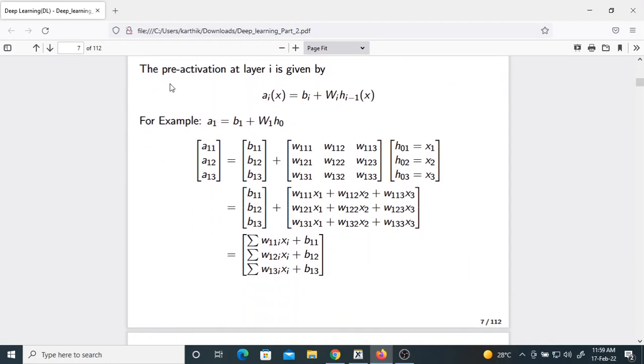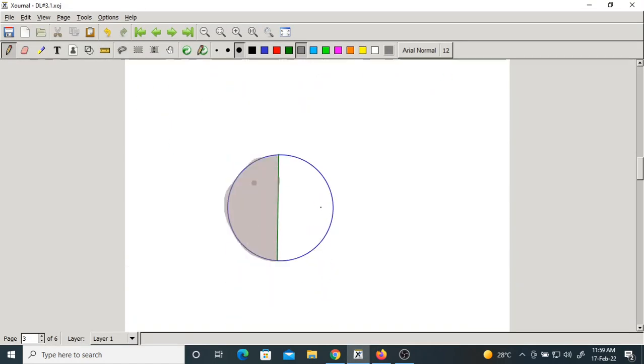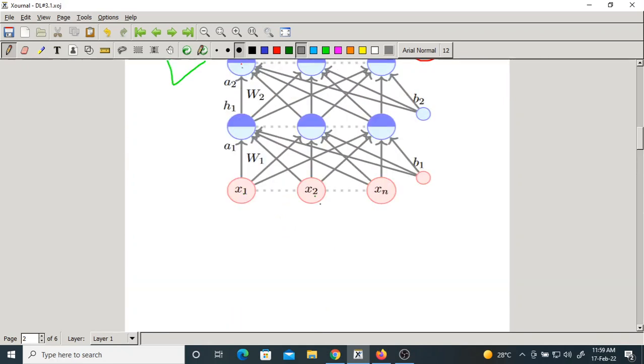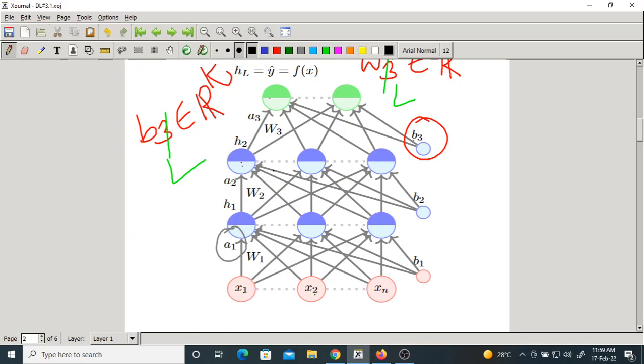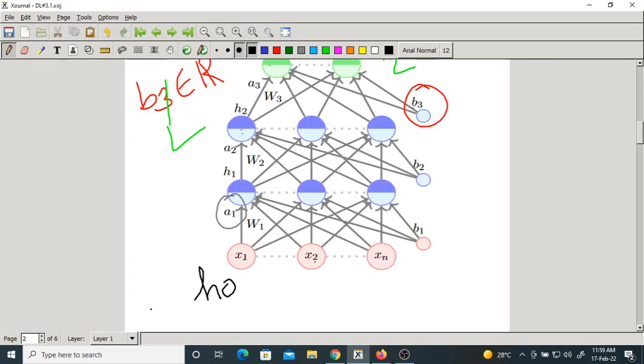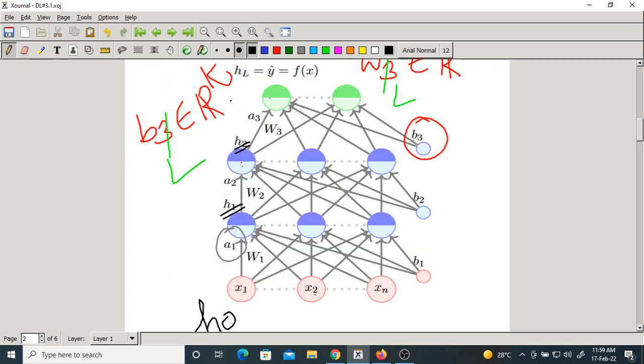Next. The pre-activation at layer i is given by. What is A1? That is the question. How to get A1? Before that, let me write here the activations. Here it is H0, for this H1, for this H2, for this HL.